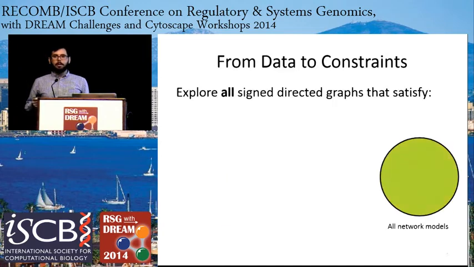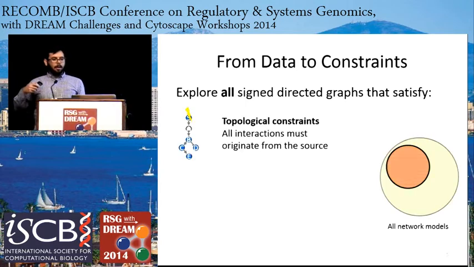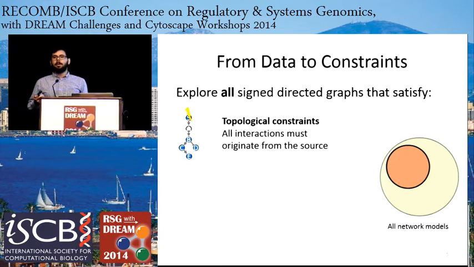Our approach is to explore a large set of all possible models that we think agree with all the data that we have. So let's consider all network models, all ways of directing the undirected topology. Then from the initial topology, we produce some constraints that say that all interactions that we infer in our pathway model must be in response to the stimulus.